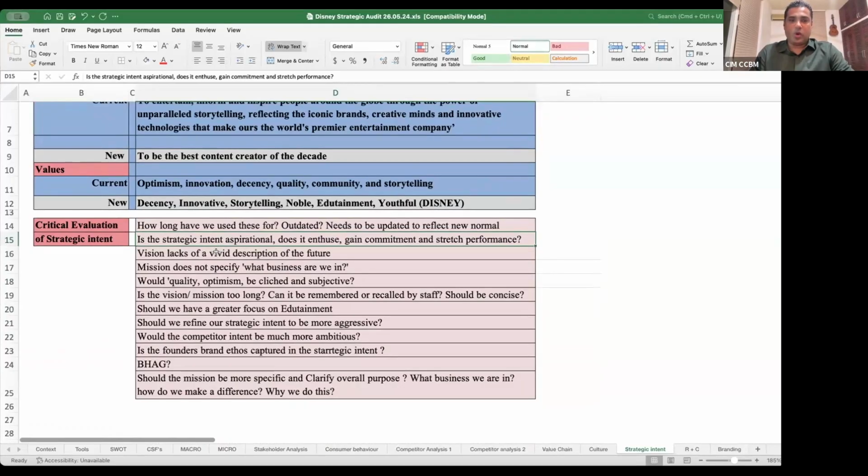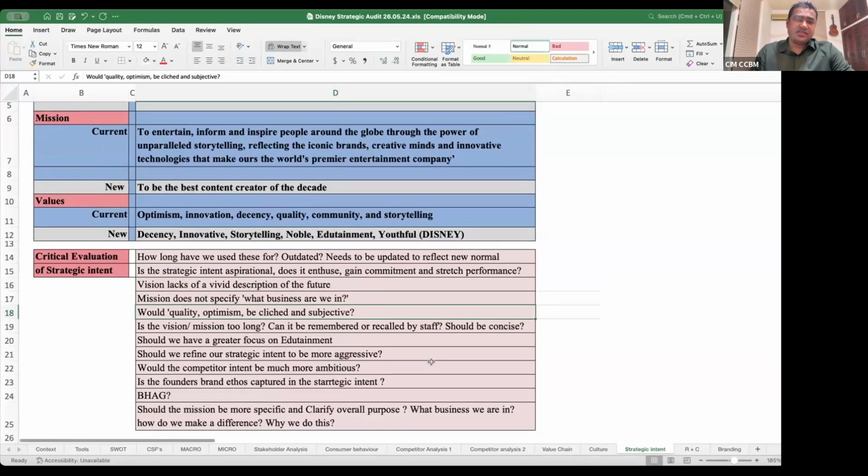I'll explain why. I believe that the vision lacks a vivid description of the future. This comes from theory. The vision does not specify what business we are in. And in the values, words like quality and optimism are cliched and subjective.